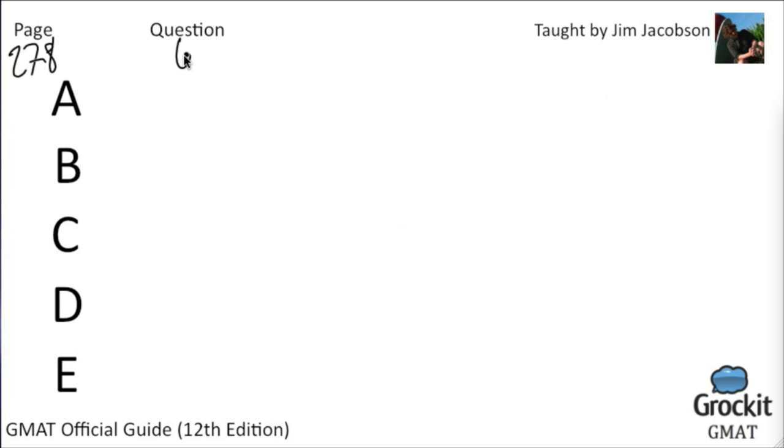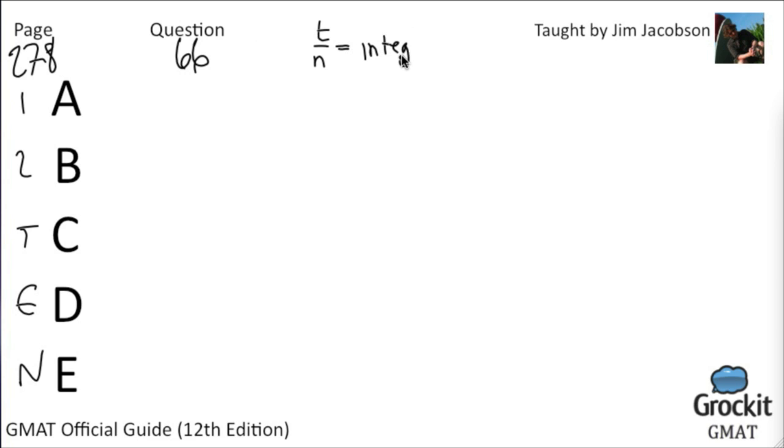Page 278, number 66. If n and t are positive integers, is n a factor of t? So another way to think about that, if n is a factor of t, t divided by n will come out to be an integer.